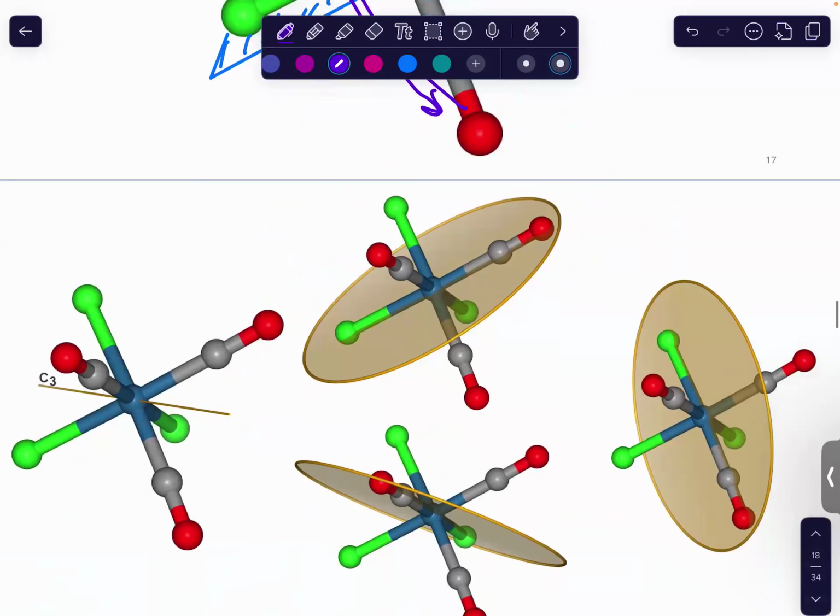Well, if you go along these carbonyl to chlorine directions, the planes are going to have to lay in a place where carbonyl is going to reflect into carbonyl and chlorine is going to reflect into chlorine. Any other kind of reflection would make a different molecule.